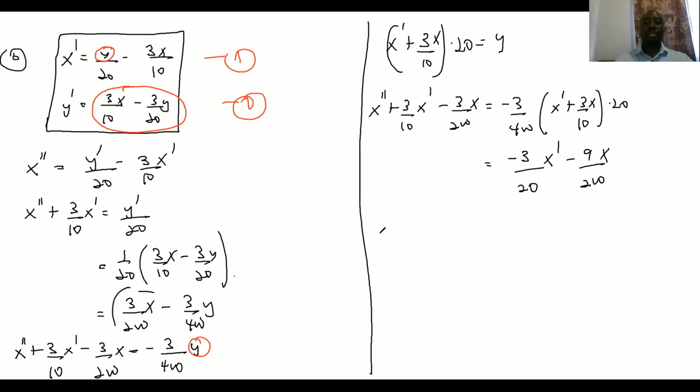So now I can move everything to the left-hand side, and I have x double prime plus, I have 6 over 20, I'm sorry, I have 3 over 10 plus 3 over 20 x prime. I have 9 over 200 x minus 3x over 200 equals 0.